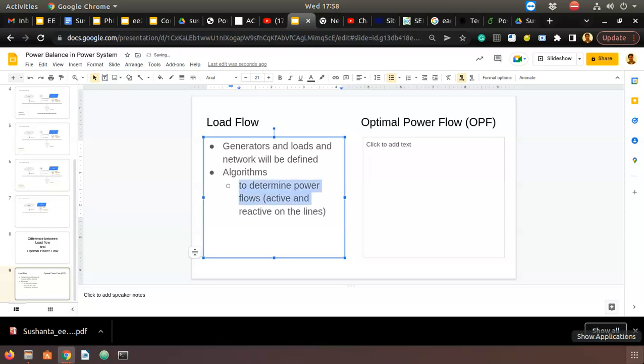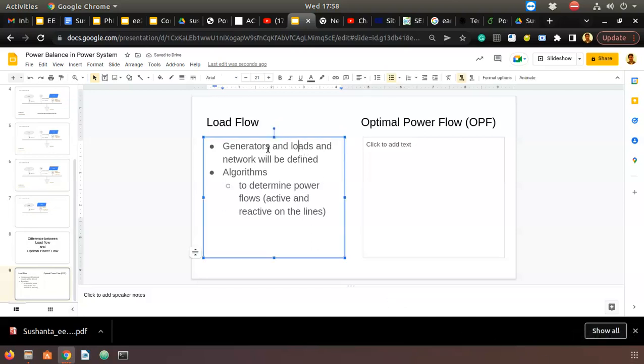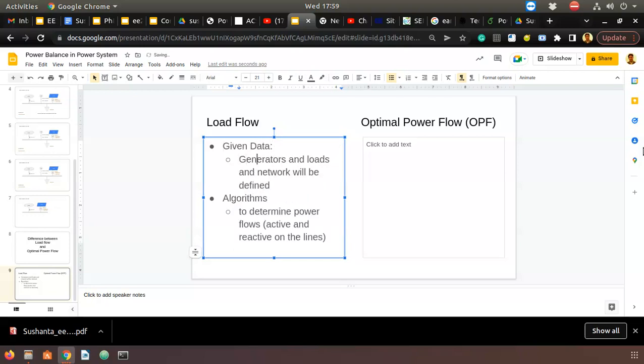Yes, sir. Power flow. See, what do you mean by generators and loads and network will be defined? What exactly you are defining? The amount of load and amount of generation. The contribution of each generation to any particular line or particular load. That will be done given data.